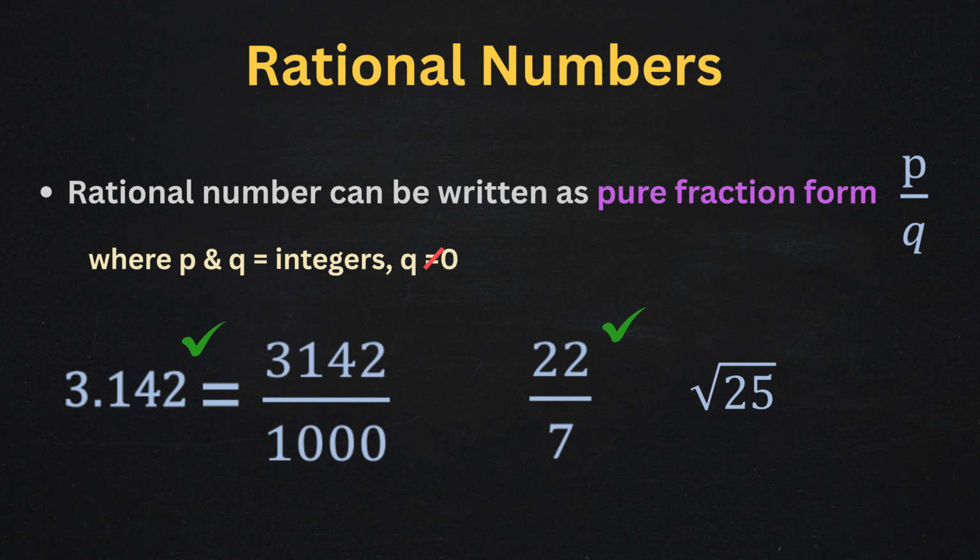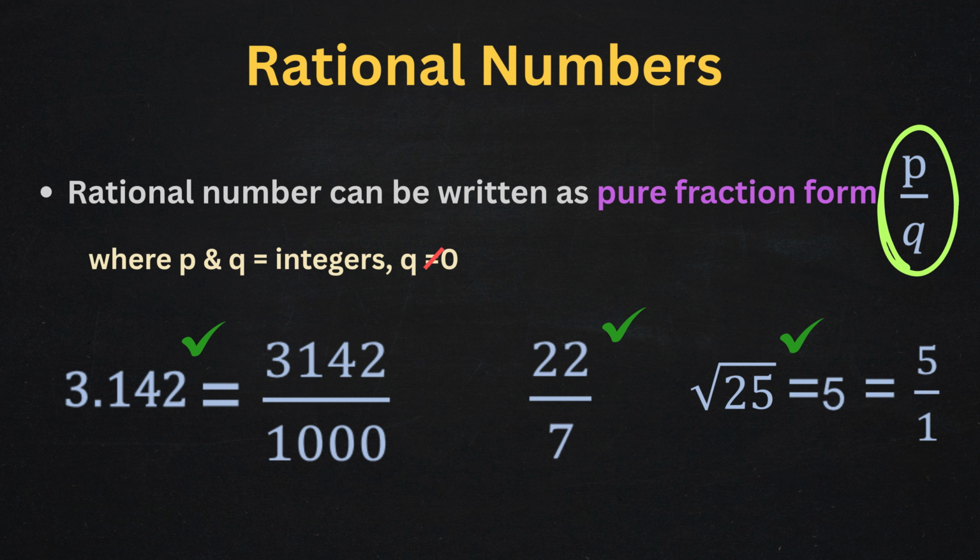Under root 25, is it a rational number? We know that its value is equal to 5, and 5 can be written as 5 by 1. So under root 25 is a rational number. Any number which can be written in the form of p by q is a rational number, no matter whether it is displayed in decimal or under root format. As long as it can be converted to fraction form, it is a rational number.